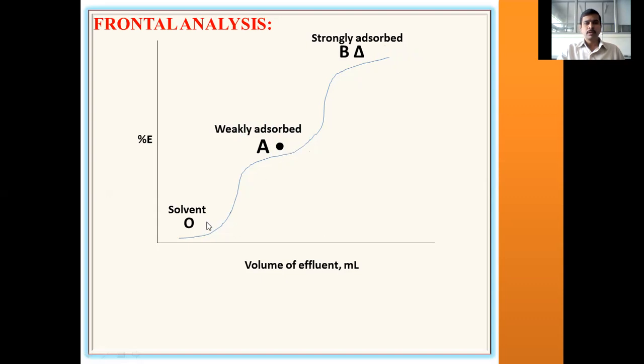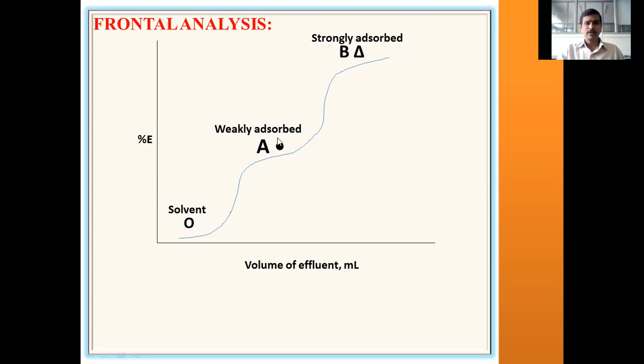The empty spherical symbols indicate the solvent eluting from the chromatographic column in flow chromatography, and the dot indicates solute A, which was eluted and identified as the weakly adsorbed species. If there is any strongly adsorbed species, that will elute at last.